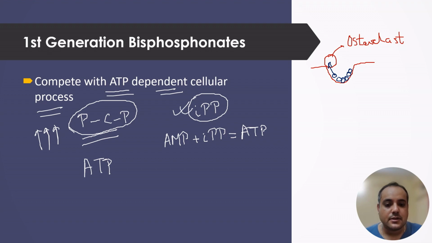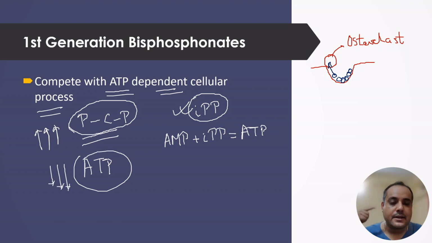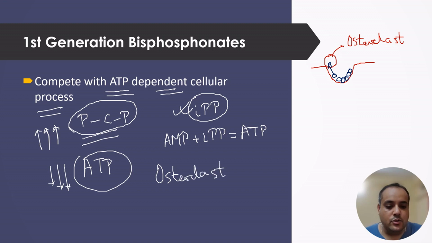Since the synthesis of ATP will be low, all the ATP related processes that are supposed to occur in the osteoclast will be stopped, and ultimately the osteoclast is going to undergo apoptosis or cell death. So this is how the first generation bisphosphonates act.